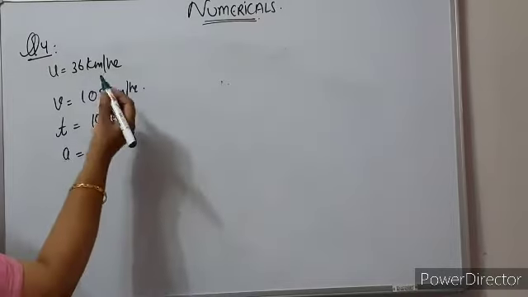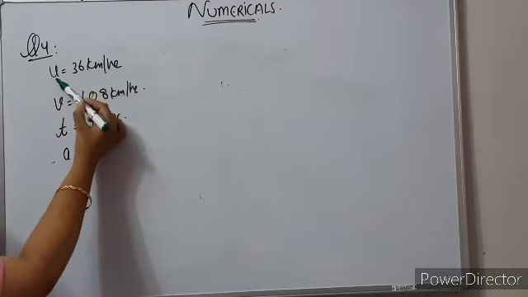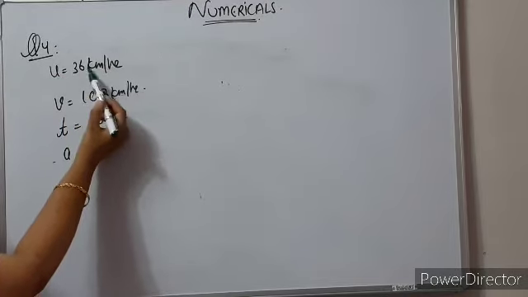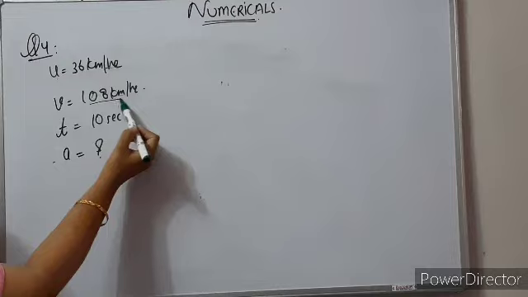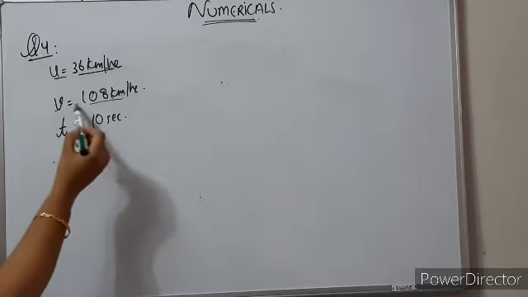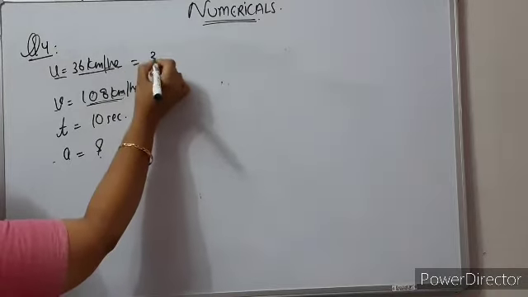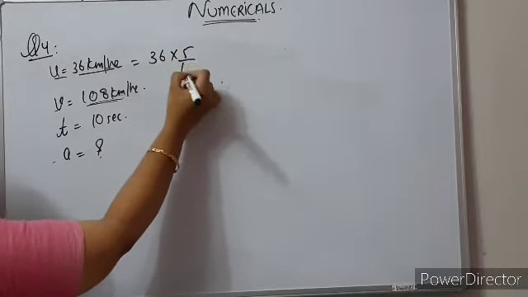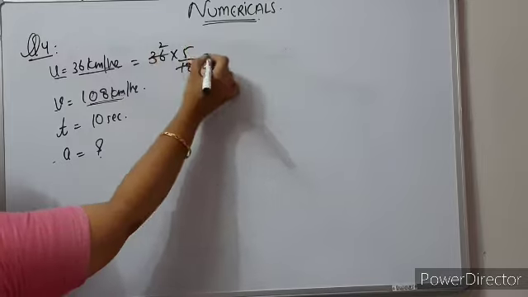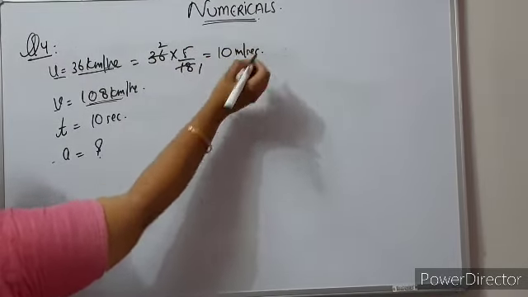So before solving, first of all, we write the given: velocity increases from 36 km per hour to 108, means initial is 36 and final is 108. Now it is kilometer per hour, not the standard one, so we have to bring it to the standard. Multiply 36 with 5/18. 18 ones are 18, 18 twos are 36, 2 fives are 10 meter per second.